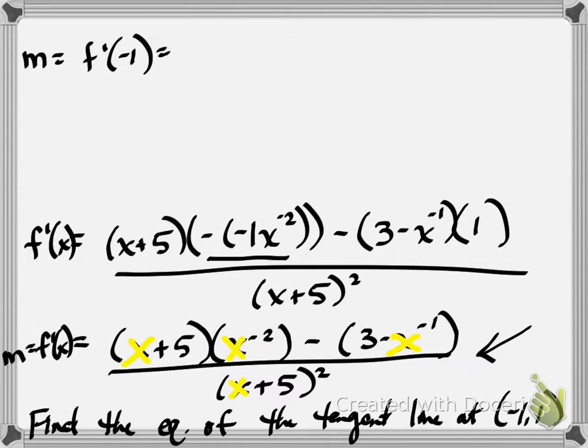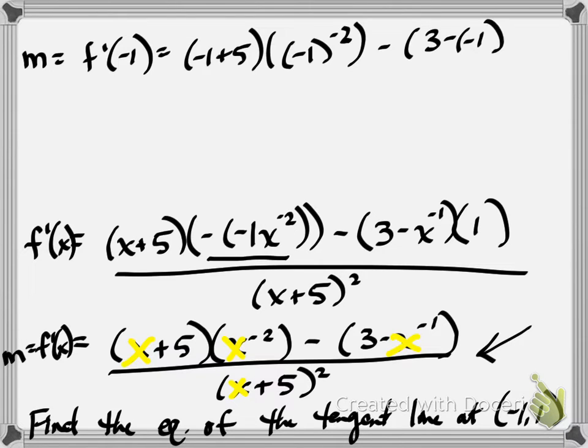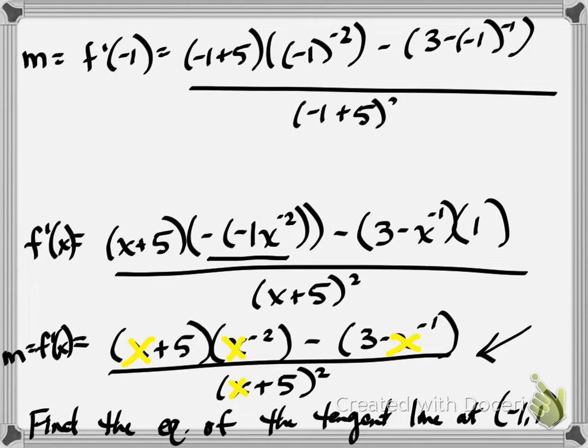Okay, so we're going to get negative 1 plus 5 times negative 1, negative 1 to the negative 2 minus 3 minus negative 1 to the negative 1 over negative 1 plus 5 squared.